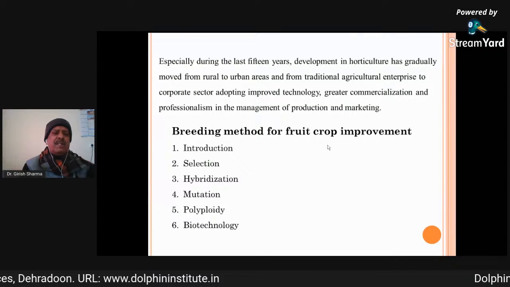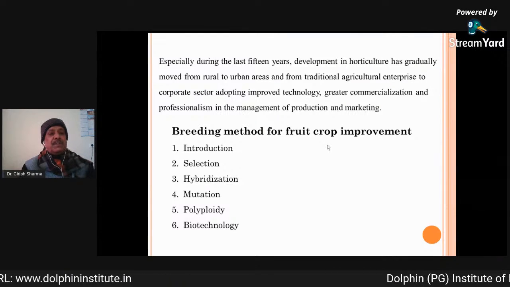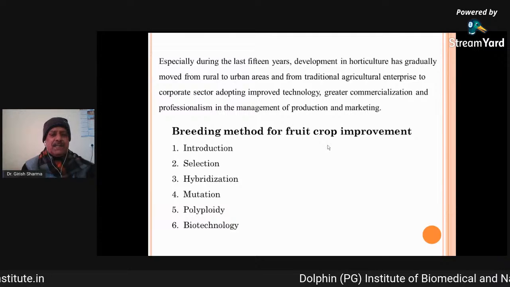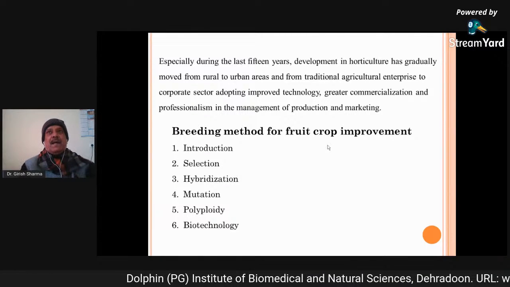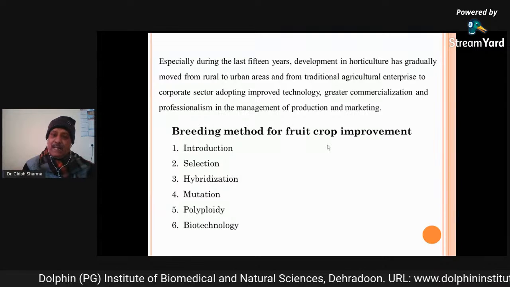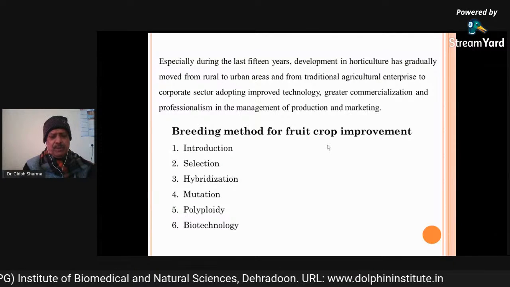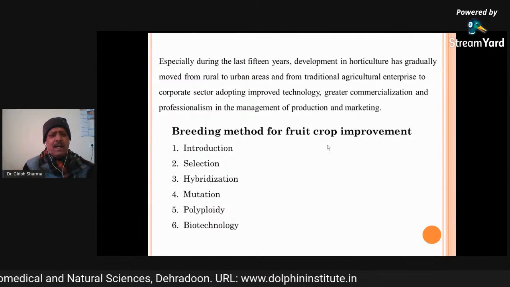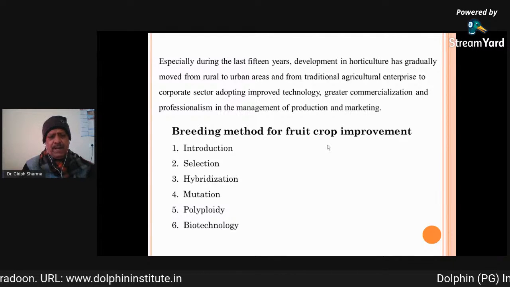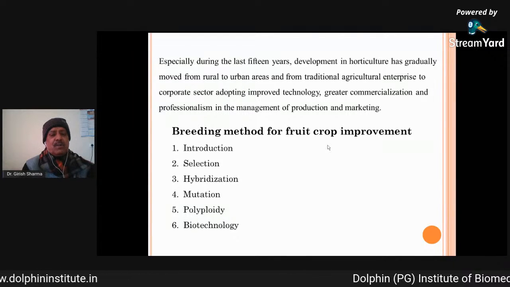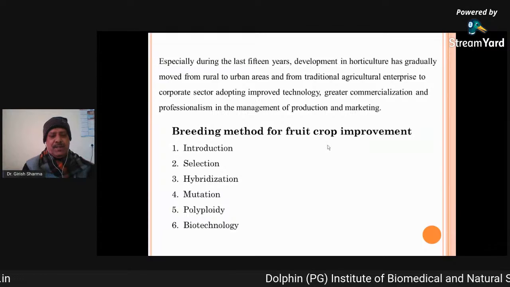These breeding improvement methods have been placed in chronological order. That is, the simplest one is first, and as we go downward, it becomes difficult. Polyploidy, in principle, is very close to mutation breeding work, and the most potent chemical for polyploidy induction is colchicine, a very toxic, poisonous chemical.